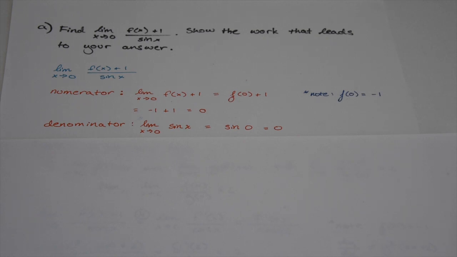L'Hopital's rule works for infinity over infinity, negative infinity over negative infinity, and combinations of these. In this case, we're finding 0 over 0.